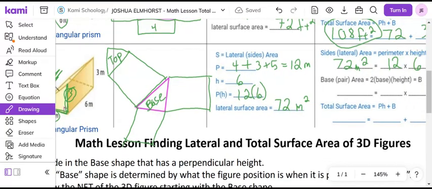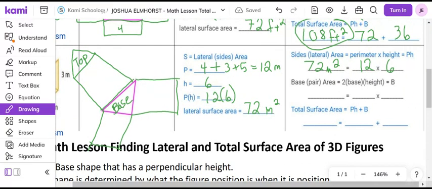So 4 times 3, okay, divided by 2 because it's a triangle. So we have 6 for the area. The area of one of these is 6, and then there's 2 of them. So the area of both bases is 12 meters squared.